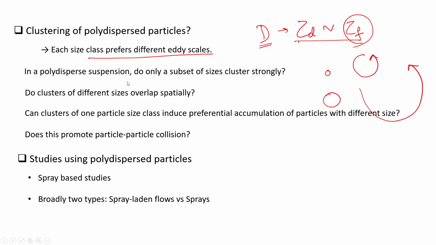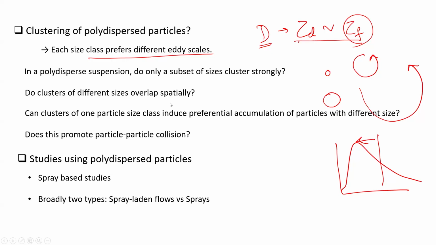Now, the question is, if we have polydispersed suspension, do only a subset of sizes cluster strongly? Let us say this is your size distribution, out of this, would only certain particles show the clustering effect? Next, do clusters of different sizes overlap spatially?